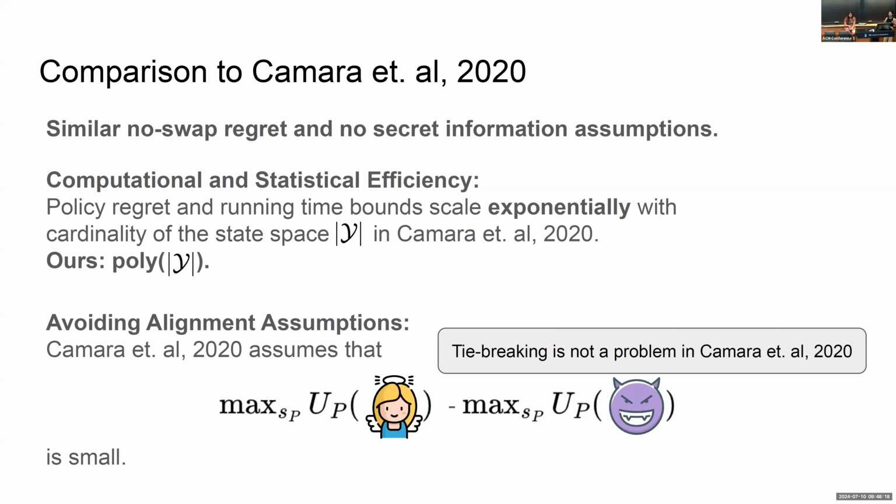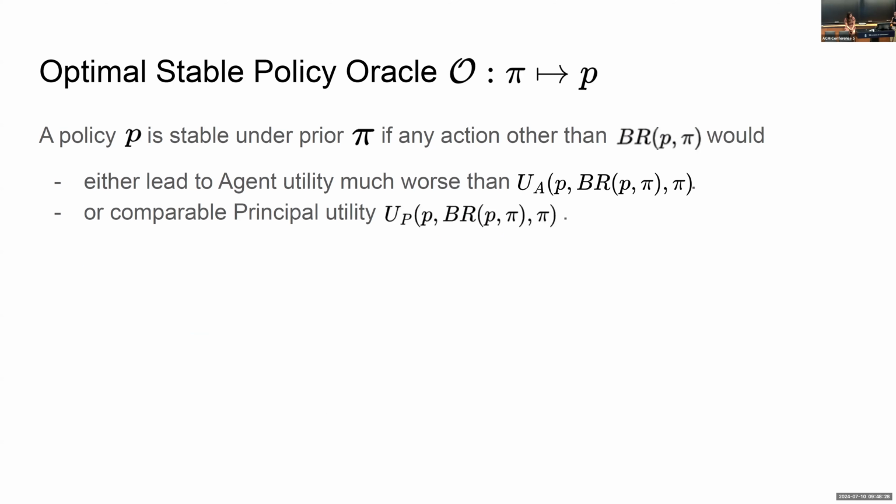Instead, we propose something called a stable policy oracle, so as to tackle this problem. So what is the optimal stable policy oracle? Well, we say a policy is stable under a prior pi if the agent taking any action other than the best response to this policy p and the prior pi would either decrease the agent's utility a lot or achieve a similar level of principal utility as they would by just best responding to this policy p and the prior pi.